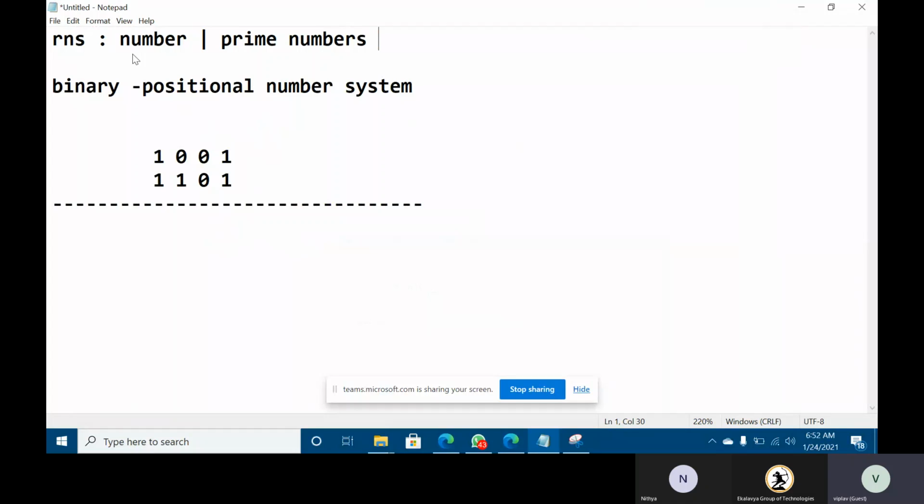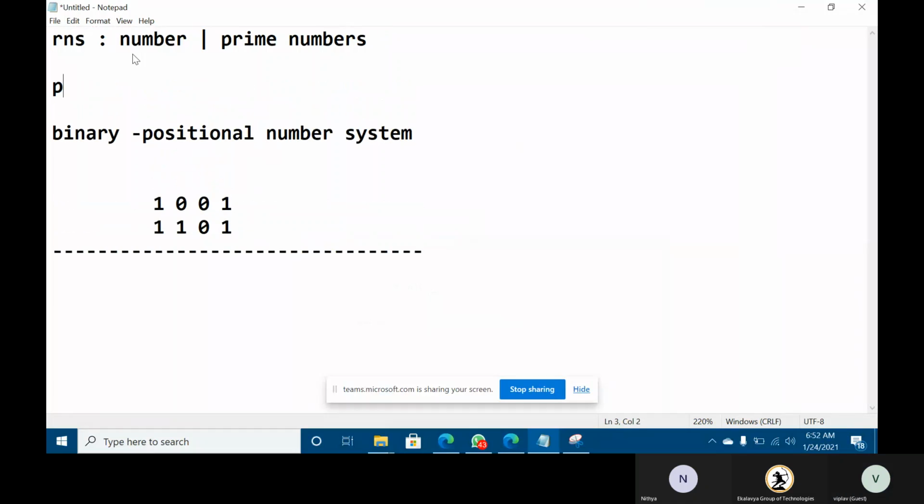So why prime numbers? What do you know by prime numbers? Prime numbers are those like 2, then 3, then 5, then 7, 11, 13, 17. These are all the prime numbers.